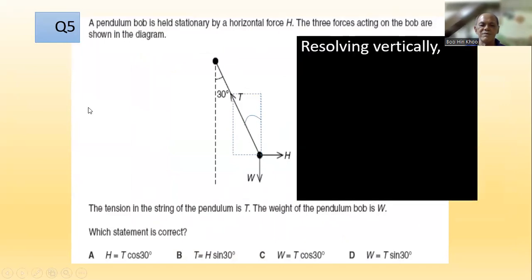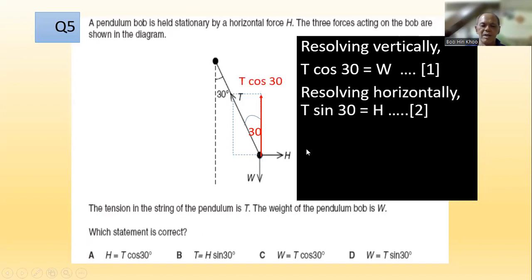You can either resolve it vertically. Vertically, there is no resultant force. So this is alternate angle. So this is 30 degrees. So that T cos 30 must balance W. And your H must be balanced by your T sin 30.